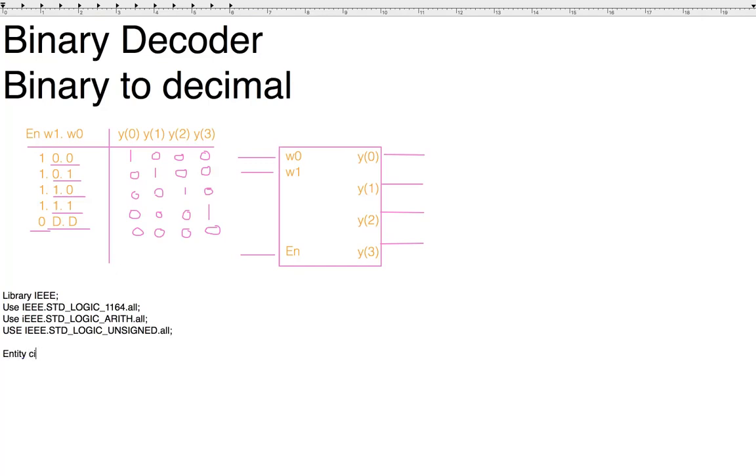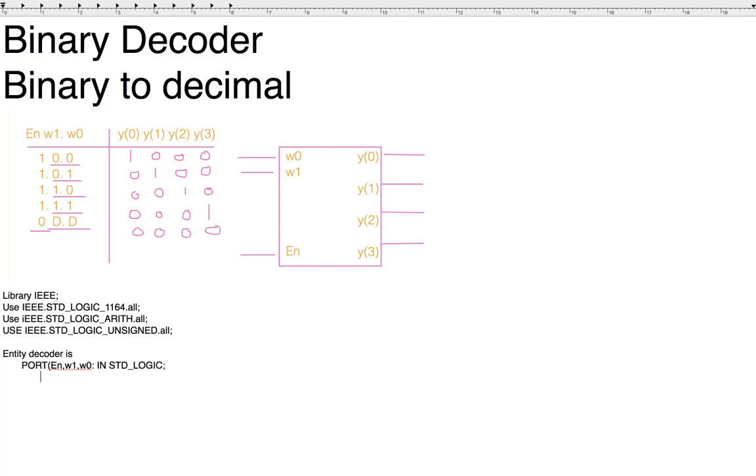Entity, and then I'm going to call this decoder is, and then for the entity, remember you have to do the port statements. So what's coming in as the input is going to be enable. It's going to be W1, going to be W0. And then, so inputs, those are all standard logic, not vectors.